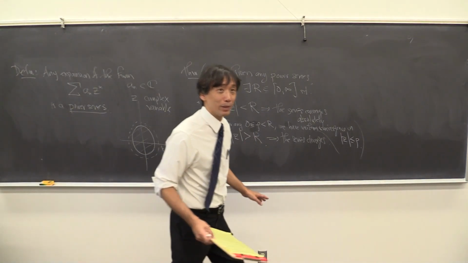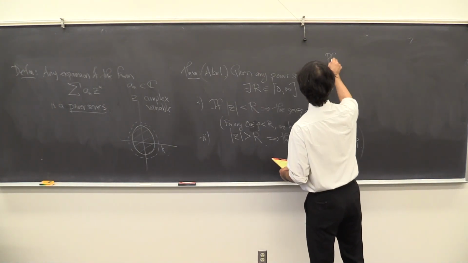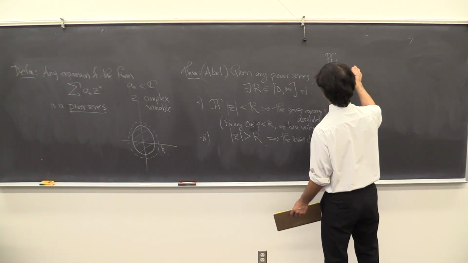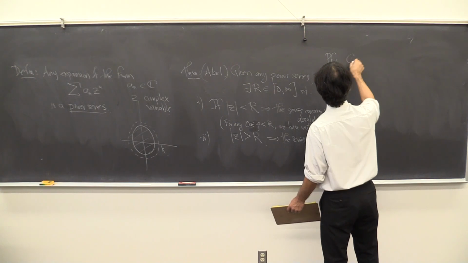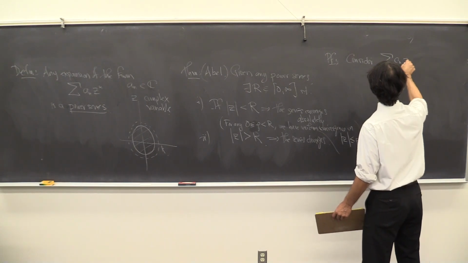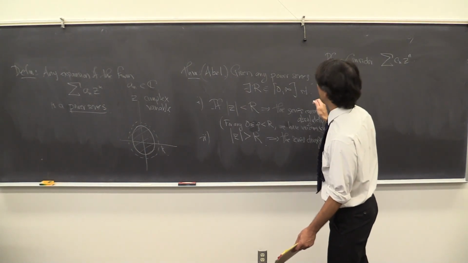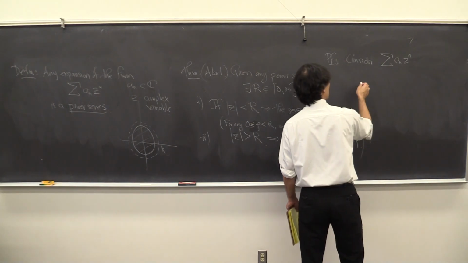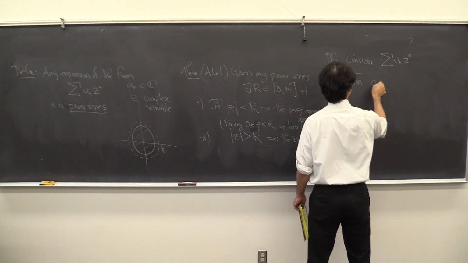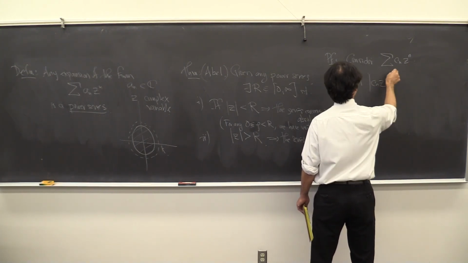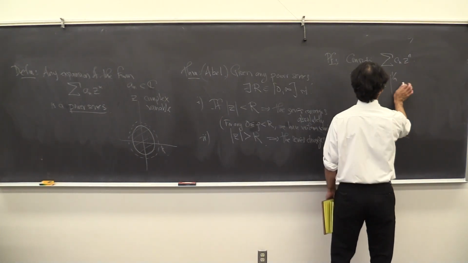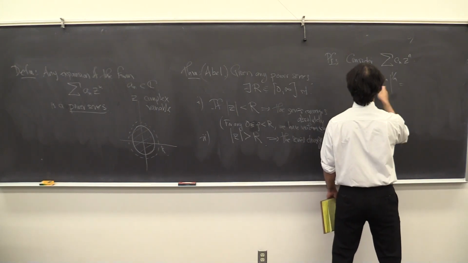Okay, and the proof of this is simple. All you do is just use the root test, right? So if we consider the power series, summation c sub n z to the n, then the root test tells you that if you look at the lim sup of the nth root of the nth term, you could look at that, right?